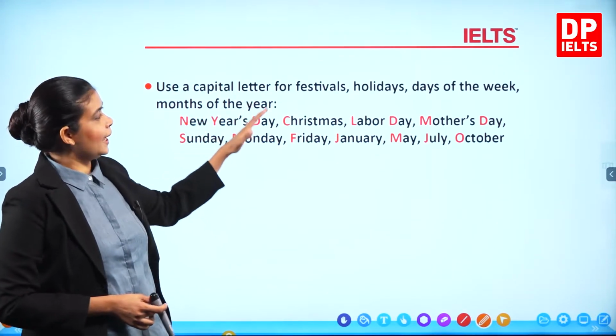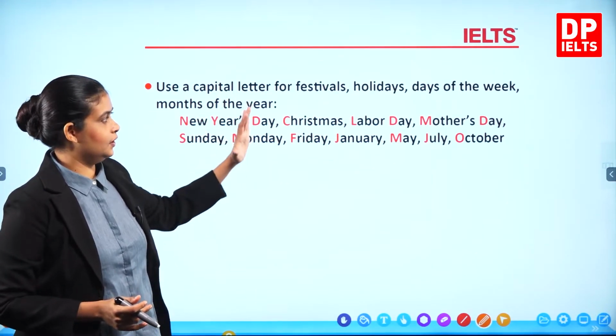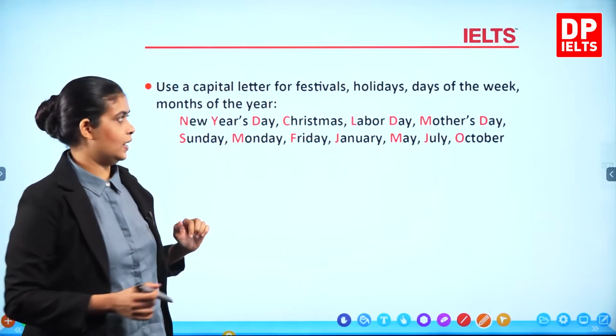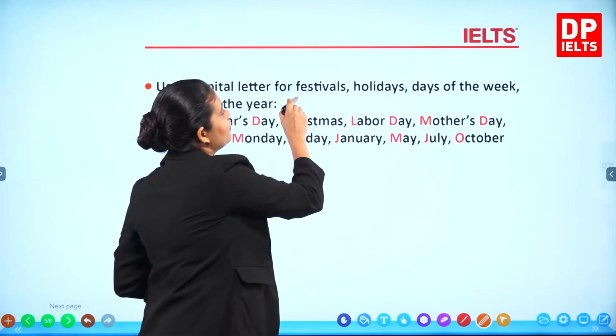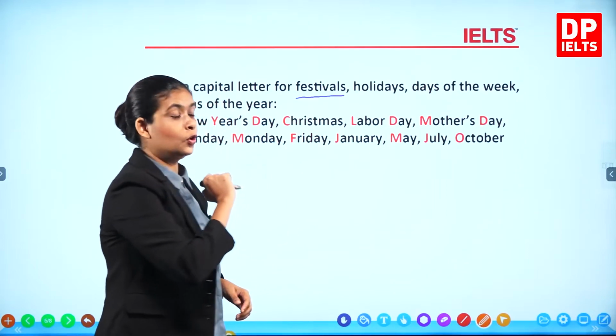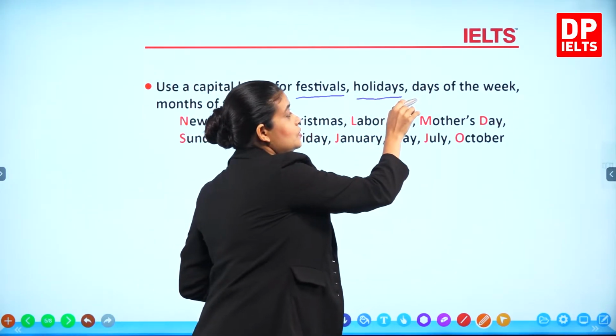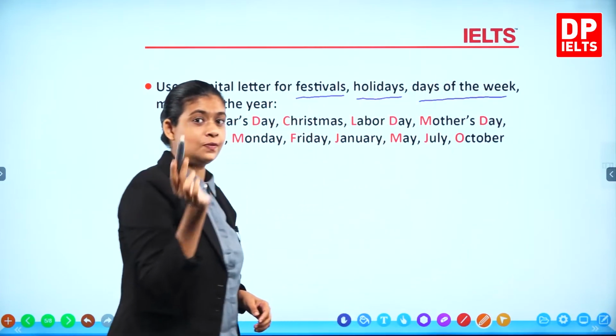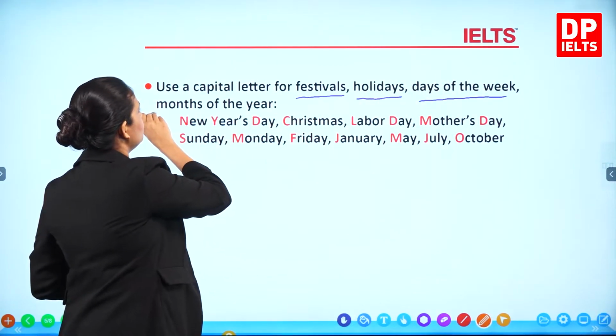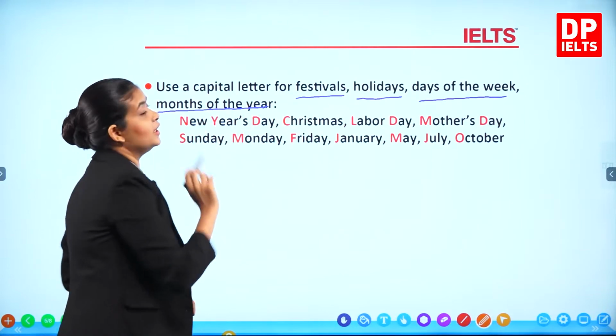We use a capital letter, then there are many more here. You have different purposes, right? You use it for festivals. You use it for holidays. You use it for the days of the week. And you use it for the months of the year.